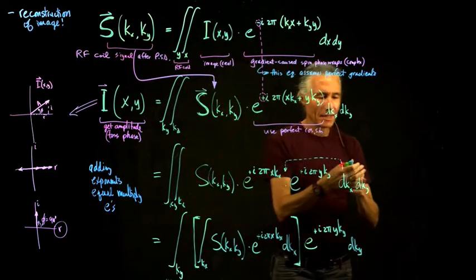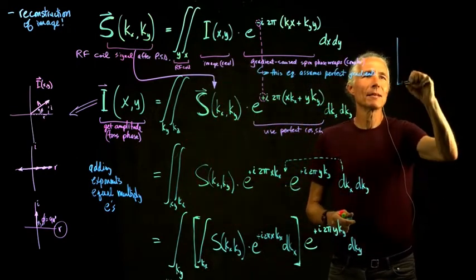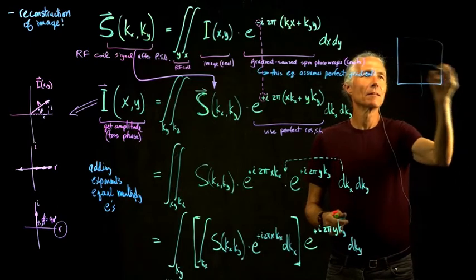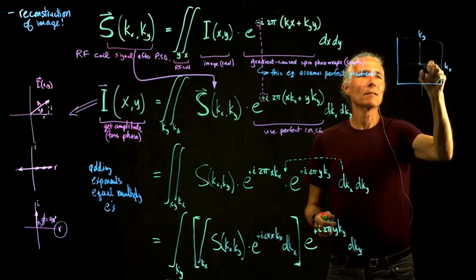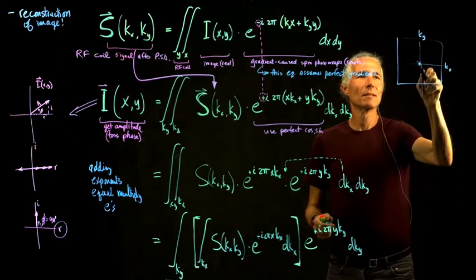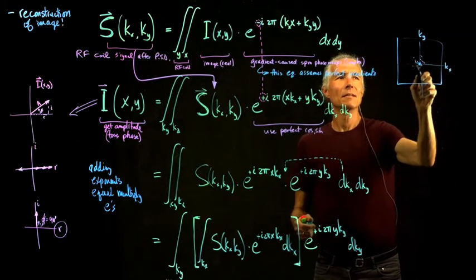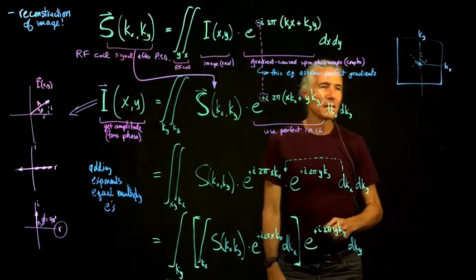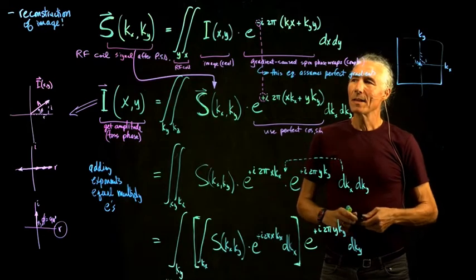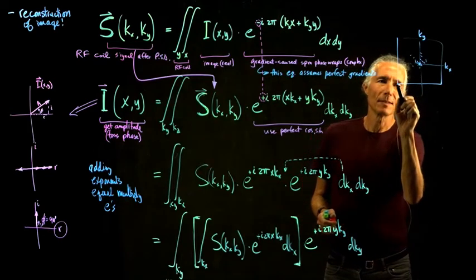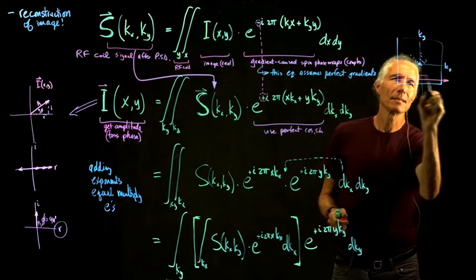So you start off with some k-space data. So here's kx, ky. It's got a bunch of stuff in the middle. So that's our k-space. And then what we do is we just do a 1D Fourier transform of this data, like this.